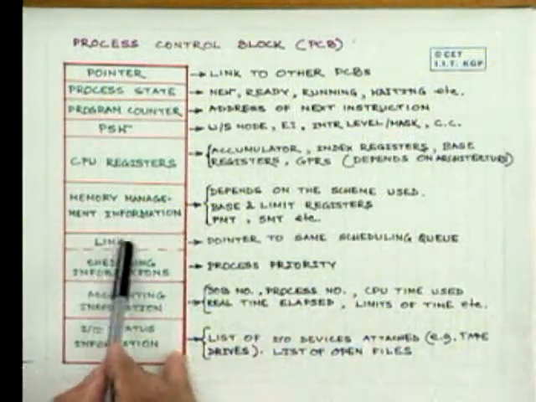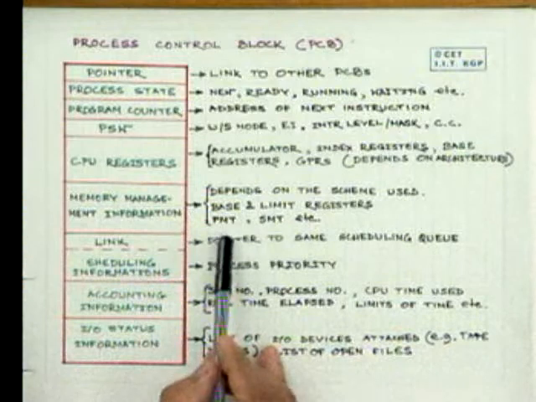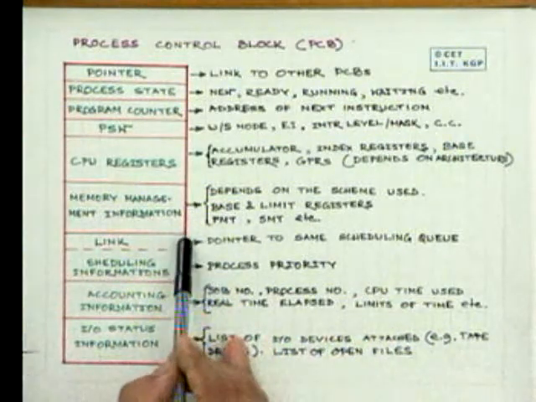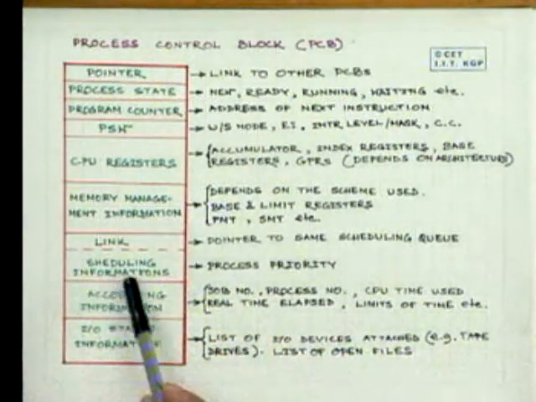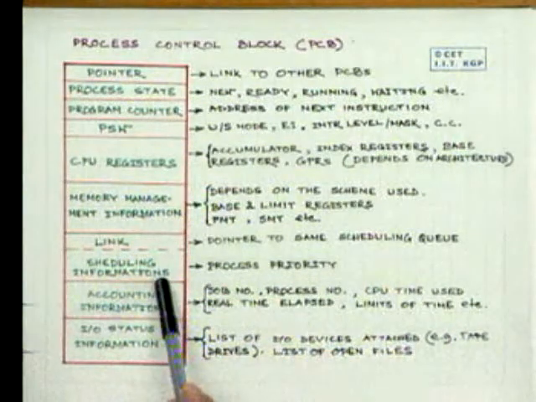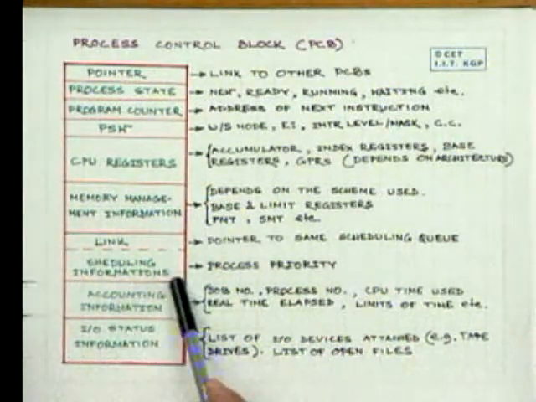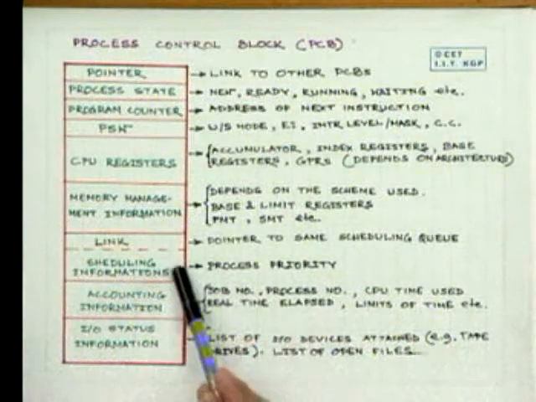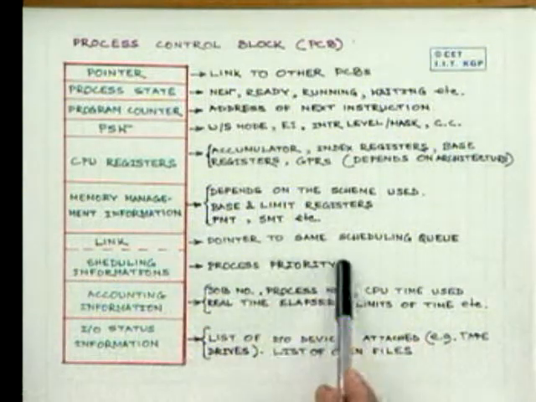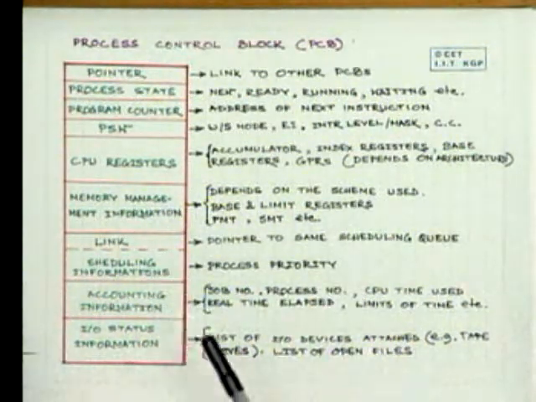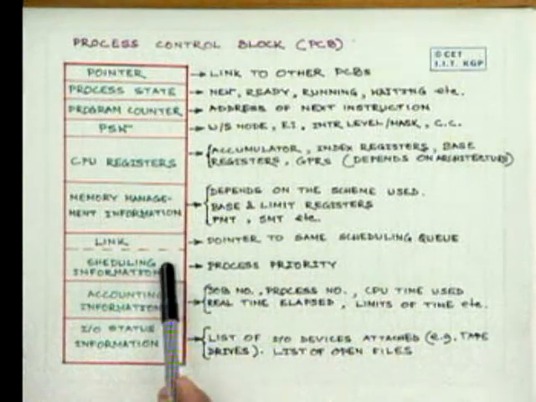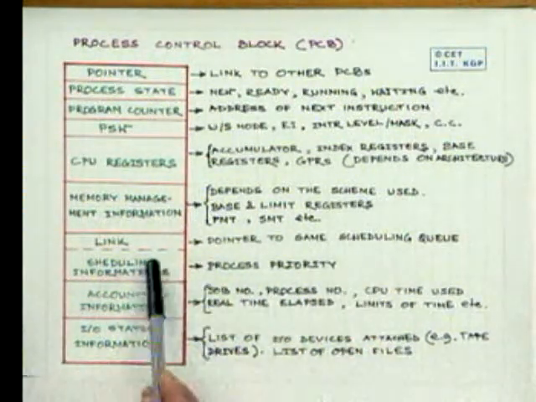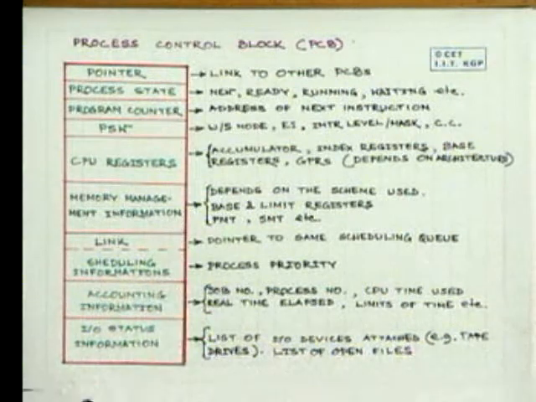Therefore, this link depends upon which state the particular process is in. Then the scheduling information is there. In that, a particular process's priority can be kept, and other information pertaining to scheduling may be kept here also.